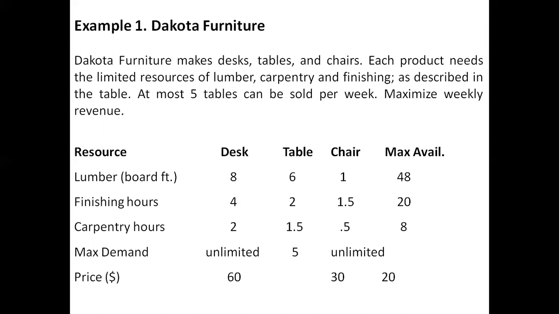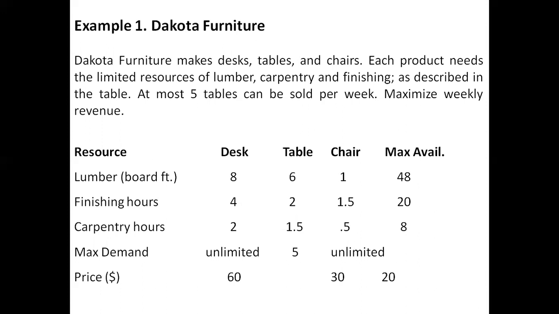Moving on to the carpentry hours: 2 hours for the desk, 1.5 hours for the table, 0.5 hours for the chair, and the maximum available time is 8 hours. And what is the maximum demand? For the desk there is no limit, for the table only 5 tables can be sold per week, so that constraint is 5, and for the chair it is unlimited.